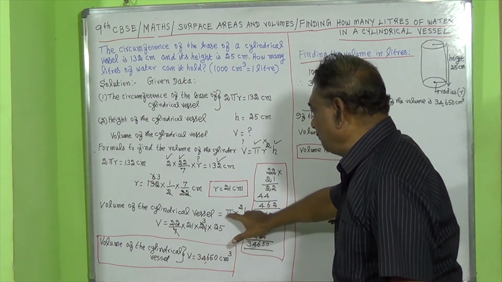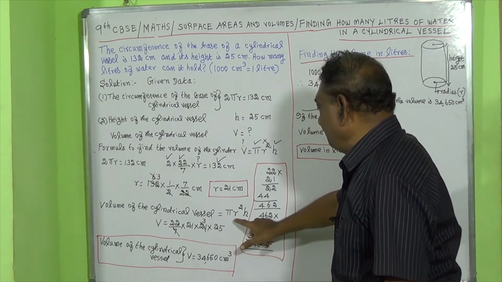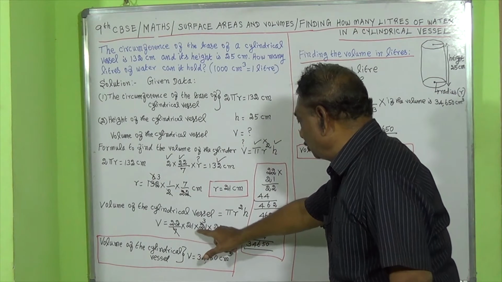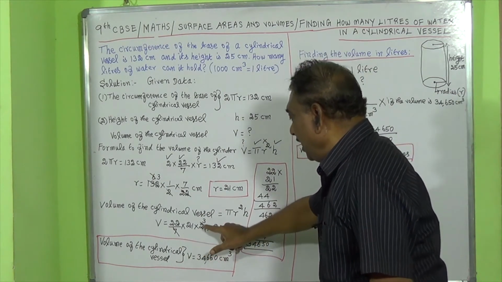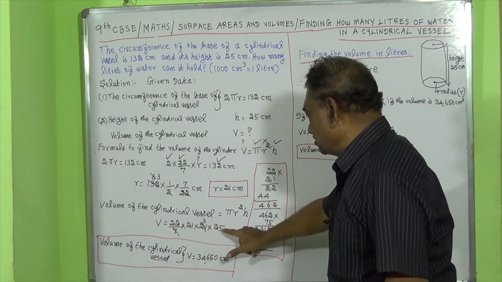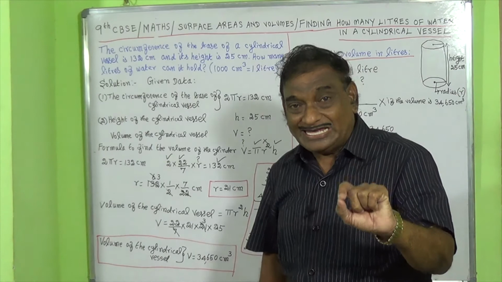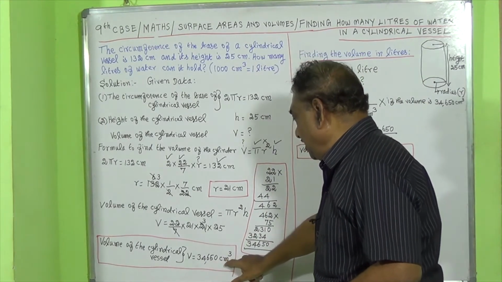What is the value of pi? 22 by 7. What is the value of r? We have determined 21. So 22 by 7 into 21 into 21 into 25. If we simplify and multiply all factors, we will get the volume as 34,650 centimeter cube.